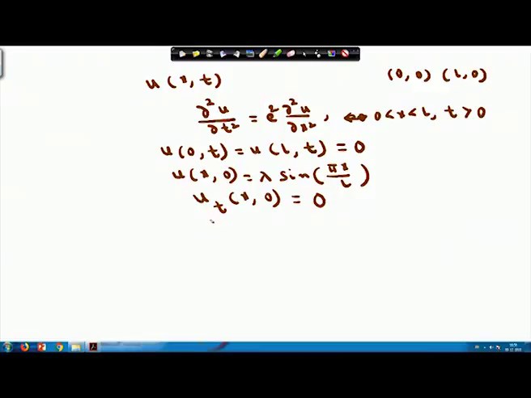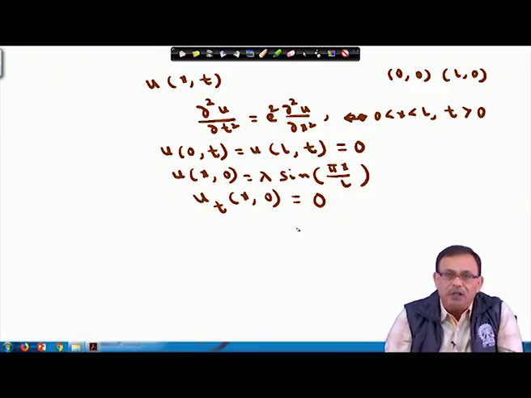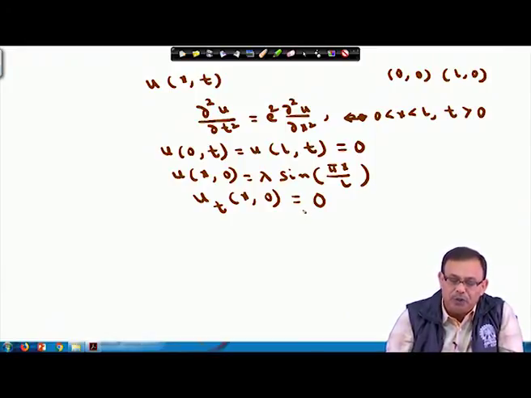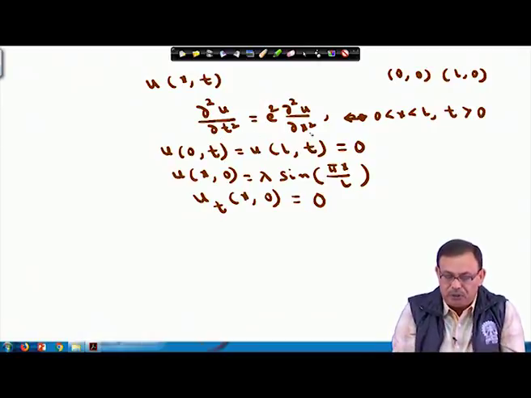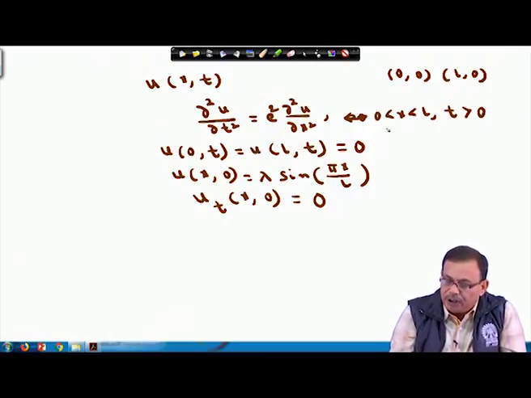So, u(x,0) equals lambda sin(pi x by L) and u_t(x,0) equals 0. Please note that for the given problem, I have to formulate the problem. First, the displacement u(x,t) is governed by this equation, del 2 u del t square equals c square del 2 u del x square, where x varies from 0 to L and t is greater than 0.